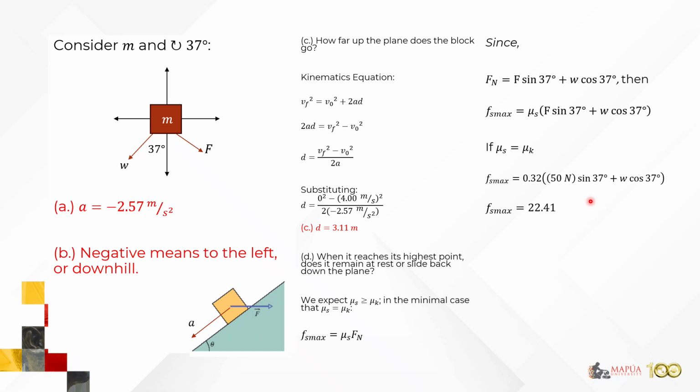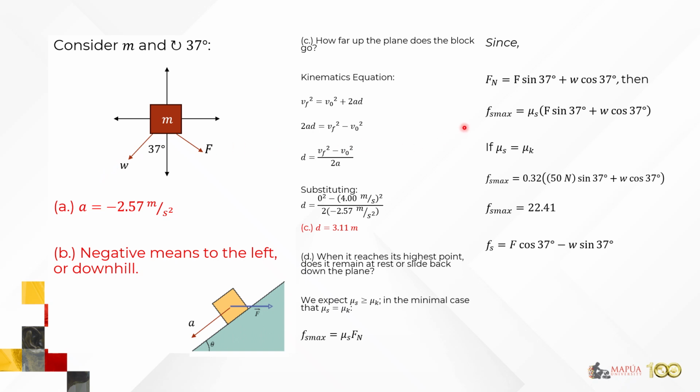Let's try to calculate what we are actually experiencing. So f sub s is equal to f cosine 37, which is this, minus w sine 37. Remember the friction here is on this side, to the left side. That's equal to f cosine 37 here, the horizontal component of f, minus w sine 37.